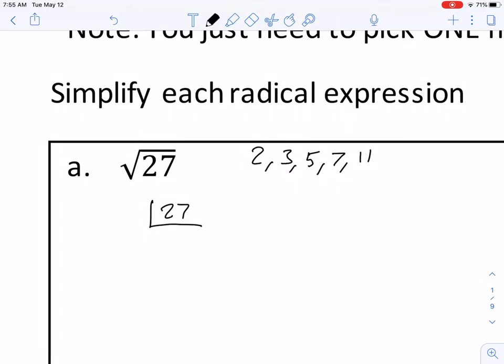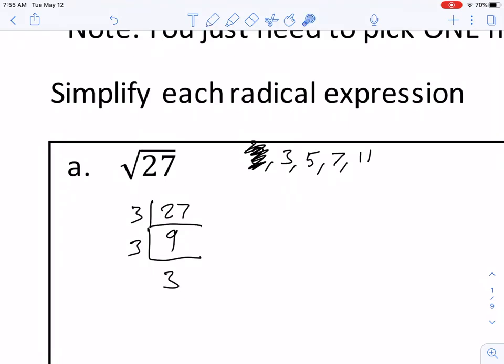Can 27 be divided by 2? 27 divided by 2 wouldn't work. So 2 is no good. Now I'm moving on to a 3. 27 divided by 3 does work. 3 and 9. Can 9 be divided by 3? It can. 3 and 3.